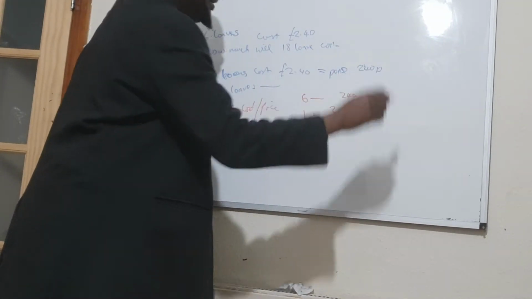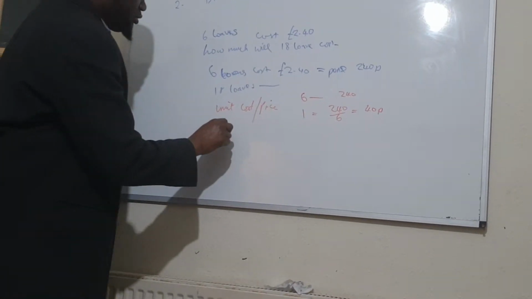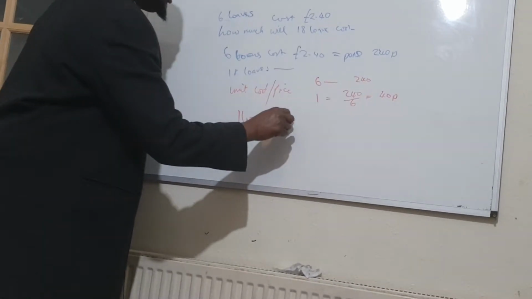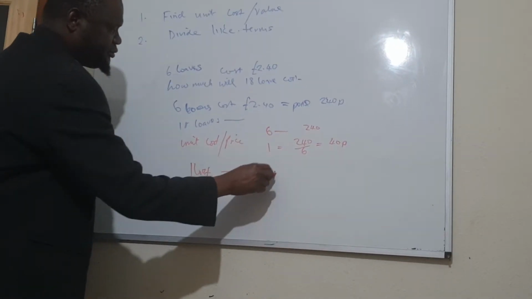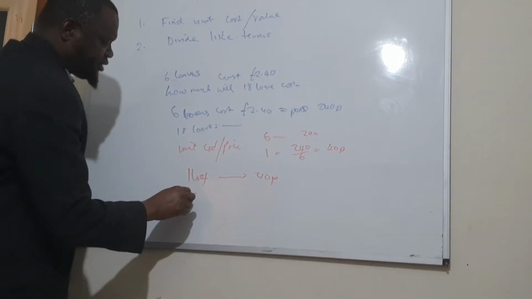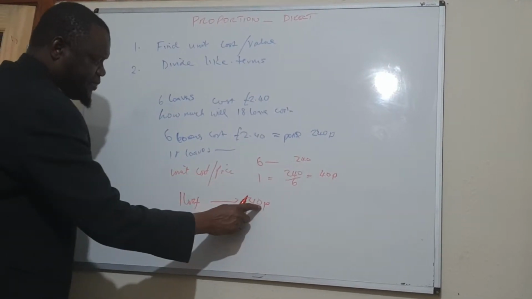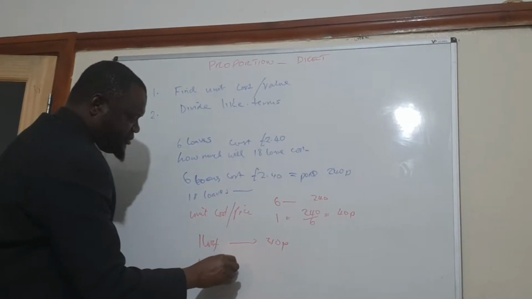That will be 40p. So therefore, one loaf costs 40p. So 18 will cost 40 times 18p.